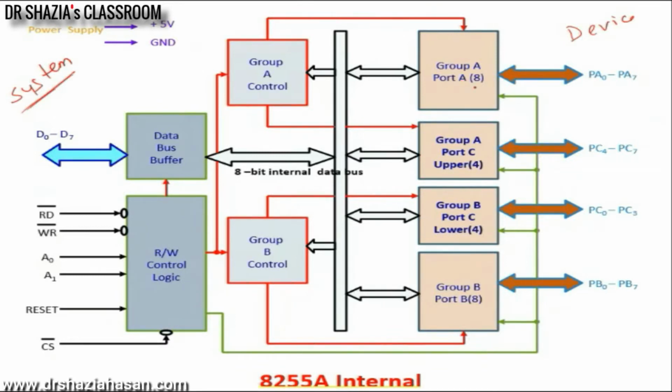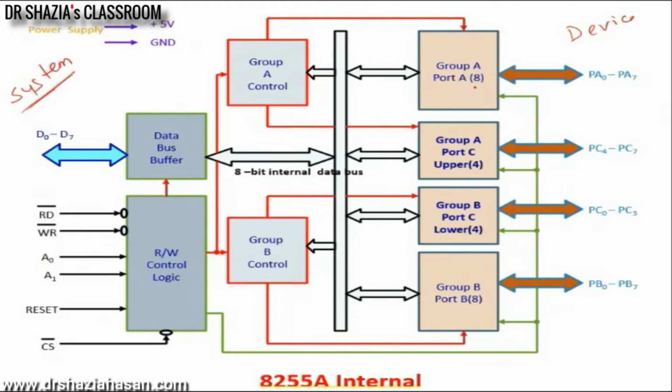So here we have three 8-bit ports. Port A, Port B and Port C are three 8-bit ports. Port A can transfer 8 bits of data, Port B can transfer 8 bits of data, and Port C can transfer 8 bits of data.